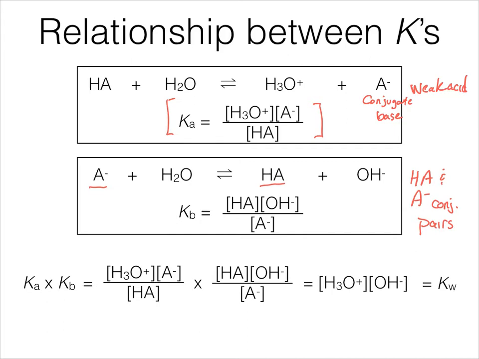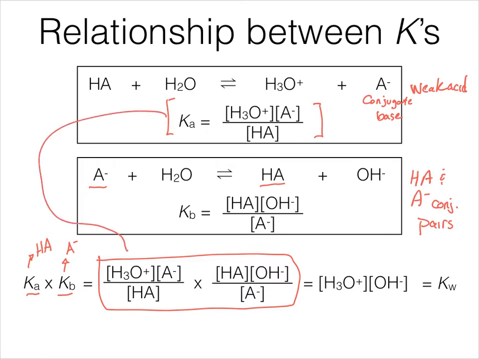So something that we can do is if we take the Ka, this relates to HA, and we multiply it by the Kb, relating to the reaction of A-, we get this expression here. All I've done is I've taken the Ka and plugged it in this spot, and I've taken the Kb and plugged it in here.